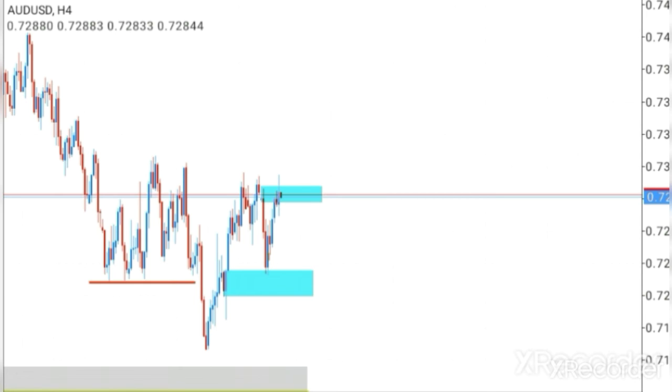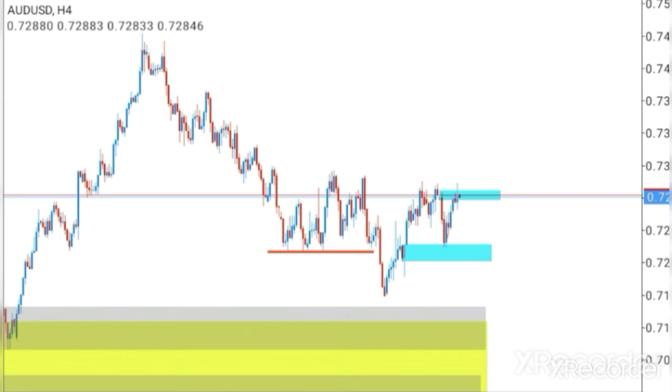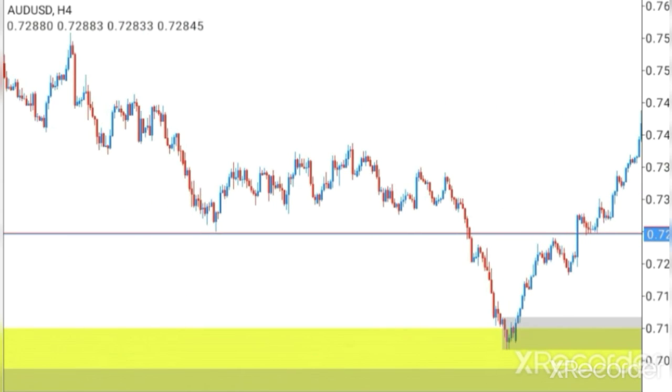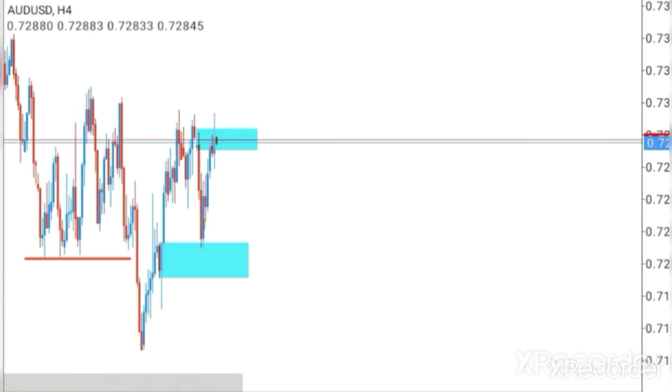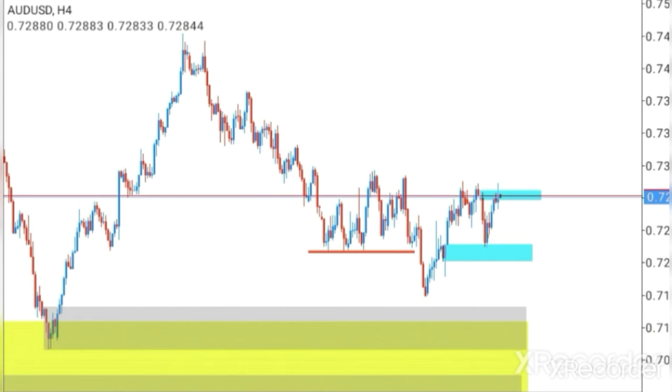Now, AUD USD. Take a look at this. This is your 4-hour OB. The light blue box is your 4-hour OB. Now, let me be sure that, okay, that's your 4-hour OB.